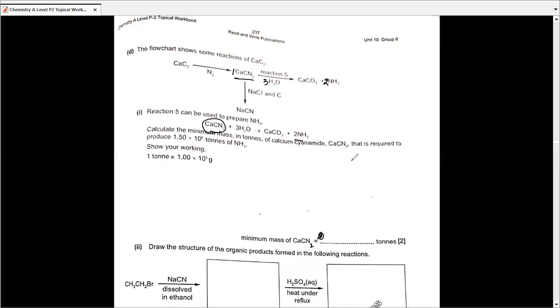So first you need to get the moles of ammonia. We can't directly use the same 1 to 2 ratio. How would you do it directly? I don't get that.